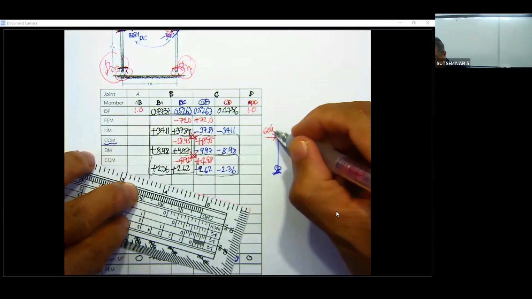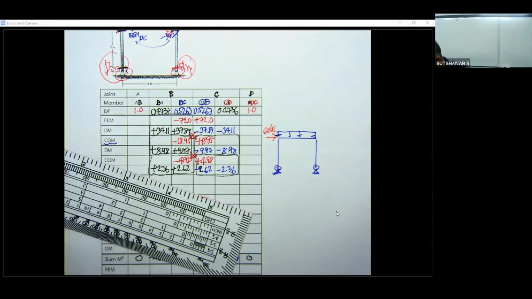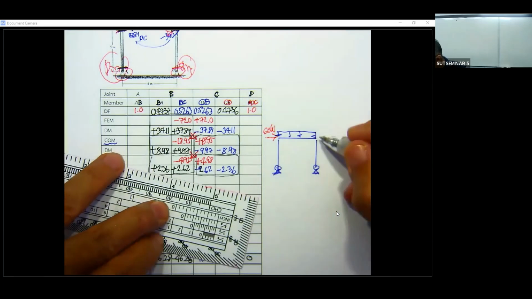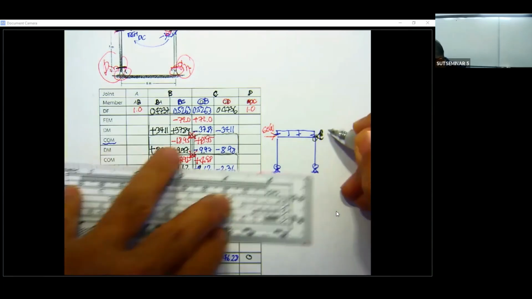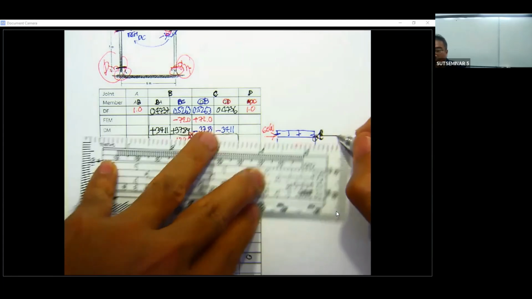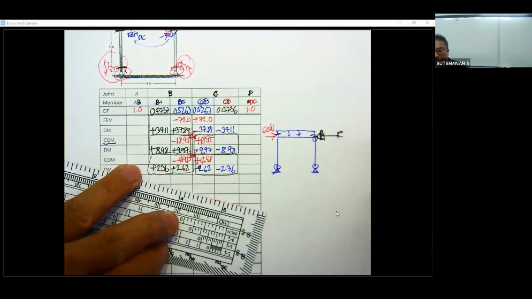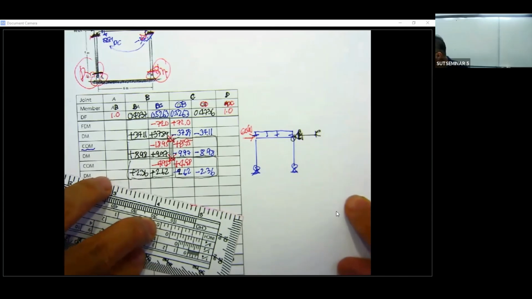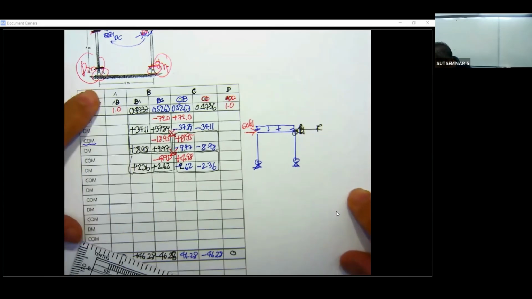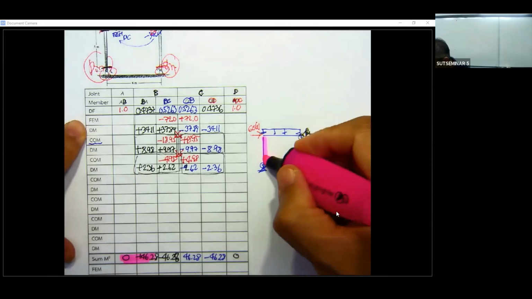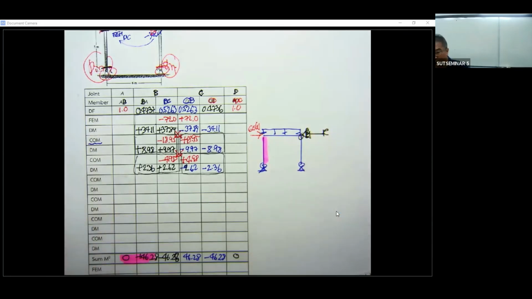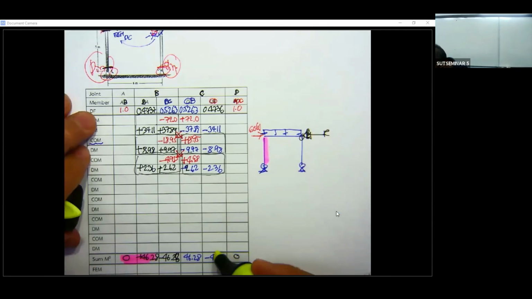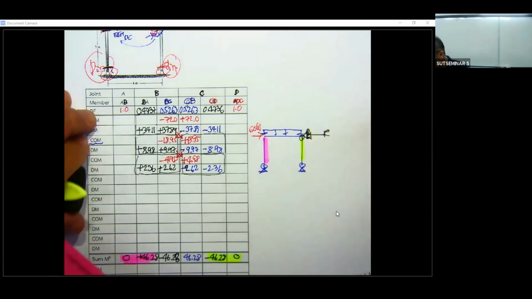And what you did before, you put the roller over here, and you must have the reaction here. And what you compute now, you get the moment. Okay, the moment here occurs on this one, and the moment here occurs on this one.